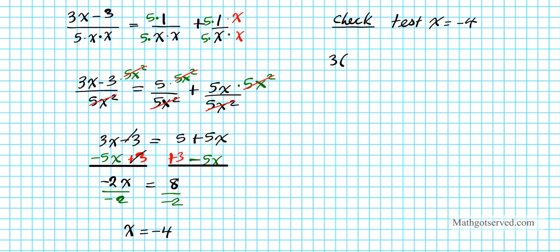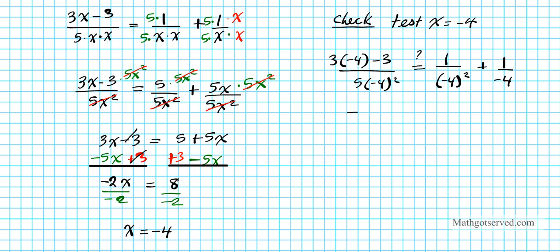We're going to have 3 times negative 4 minus 3 over 5 times negative 4 squared. Question: is it equal to 1 over negative 4 squared plus 1 over negative 4? Okay, that's the question. Alright, so let's simplify the numerator here.